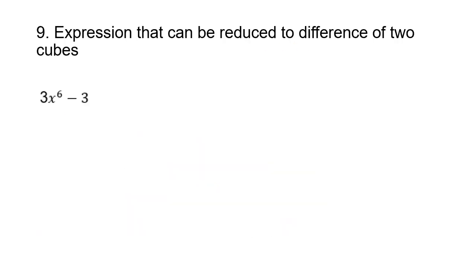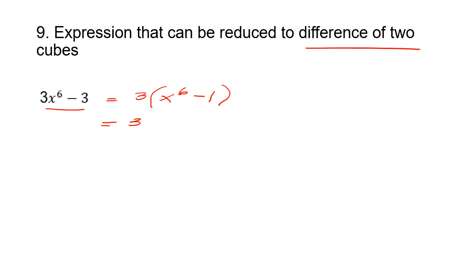So here, expressions that can be reduced to difference of two cubes. So for example, we have 3 times x raised to 6 minus 3. So with this expression, we could factor out 3 from this operation here. So we have 3 times x raised to 6 minus 1 quantity. And then, if we rewrite it, ang ating gawin is to go to difference of two cubes.